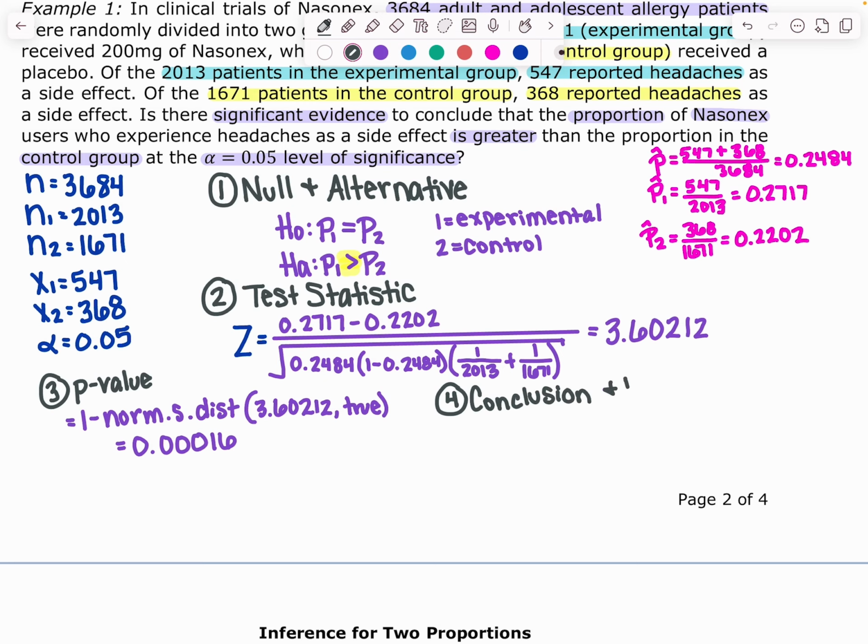Conclusion and interpretation. So the big question we have to ask is, is our p-value less than our alpha?